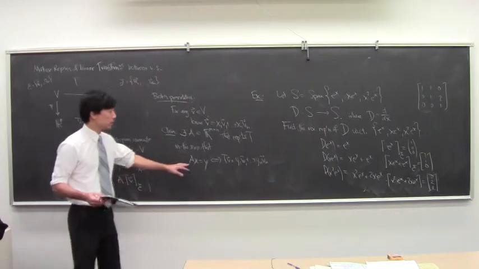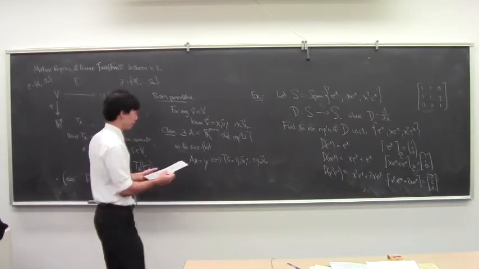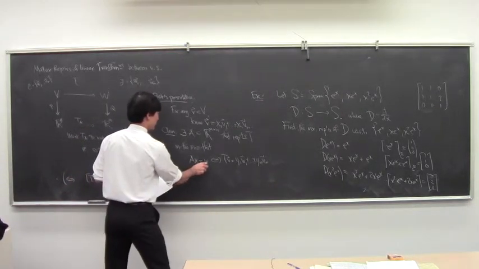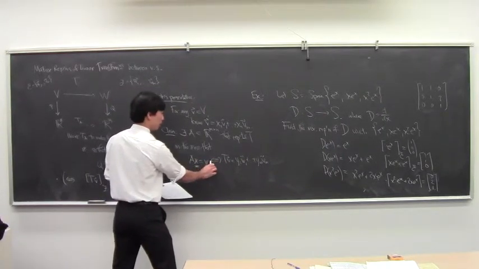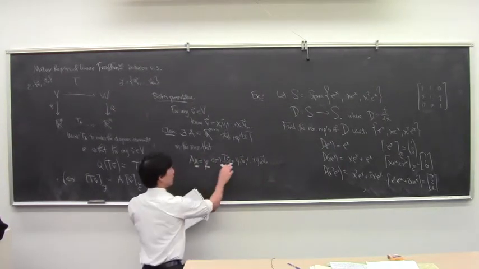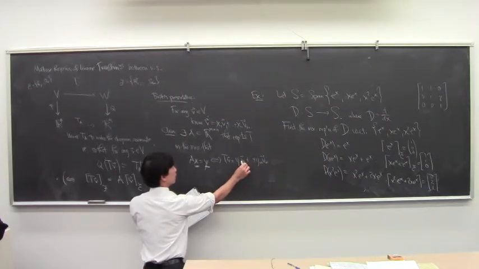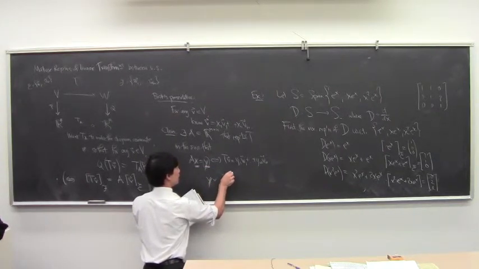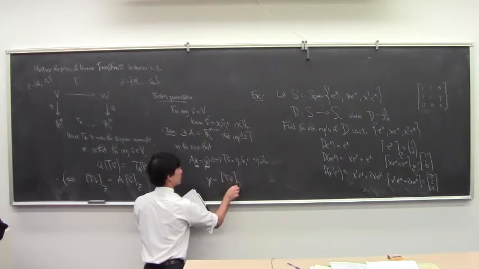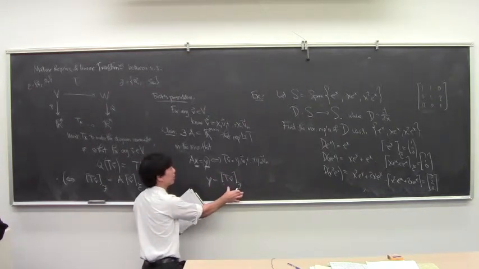Okay, but it's the same thing. It's the same thing, right? This is saying that Ax equals y when this y is... what's y? Y is Tv expressed with respect to the W basis, right?